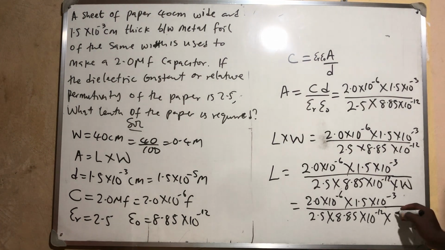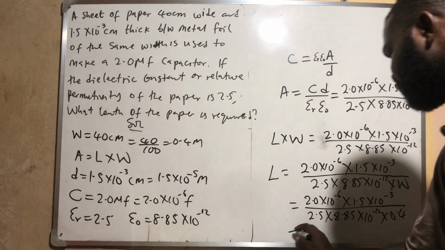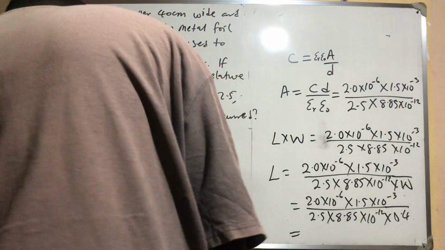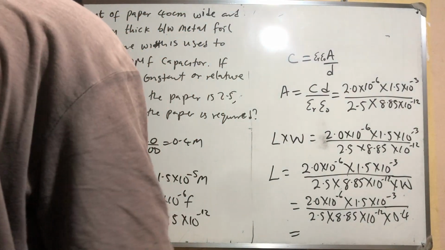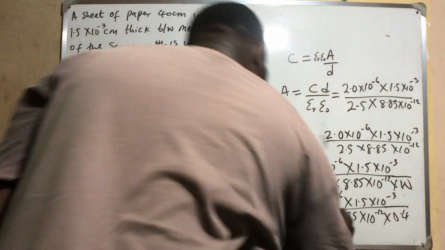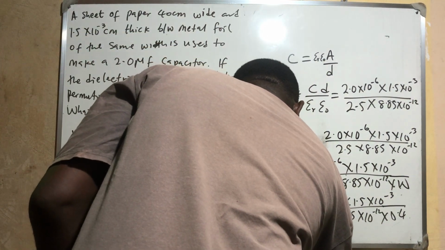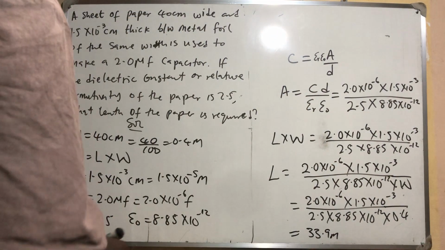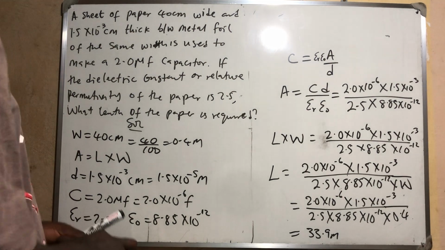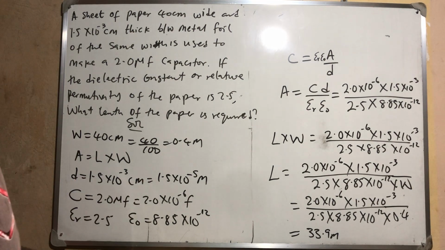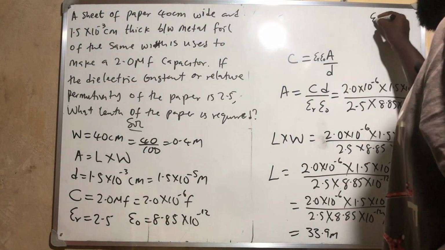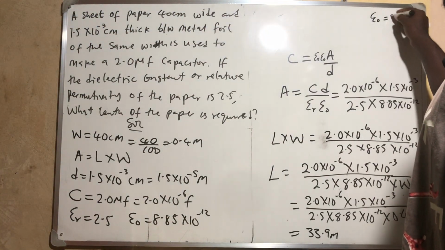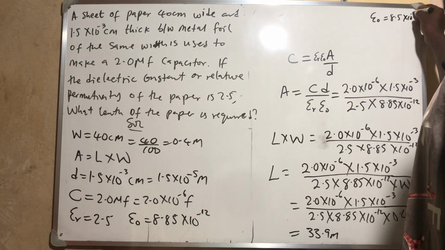My w is 0.4. So if you do everything there, you'll be getting 33.9 meters. Okay, 33.9 meters. Very, very simple. But most of the times in this book, they are using e naught to be 8.5 times 10 raised to power minus 12.